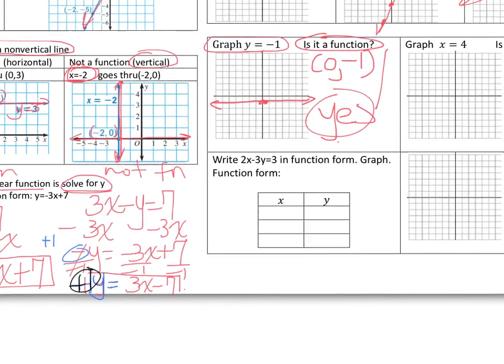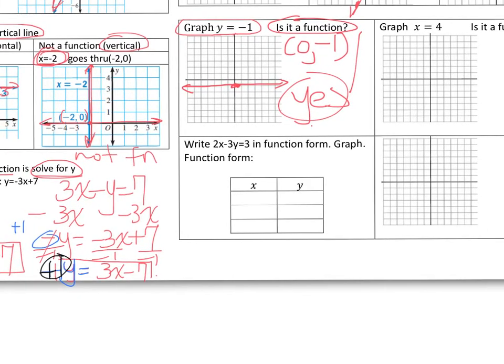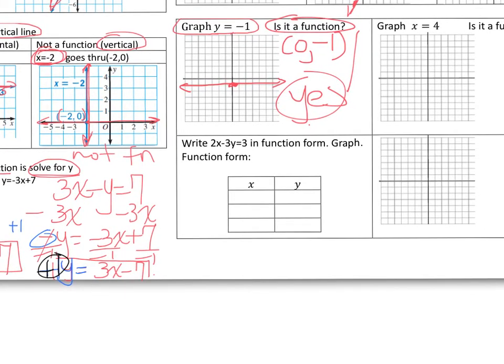And what happens if it's x equal to 4? Remember, when it's x equal to 4, it's a vertical graph. Look at this example back here. So this graph needs to go through the point 4, 0 for sure.